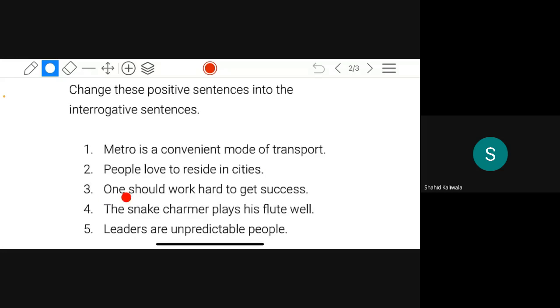Number three, one should work hard to get success. One should work hard to get success.